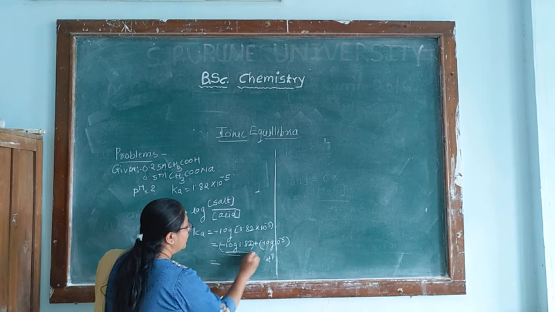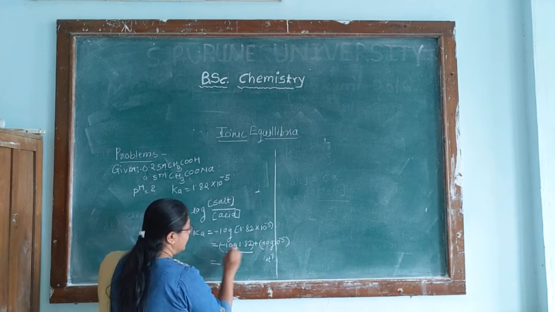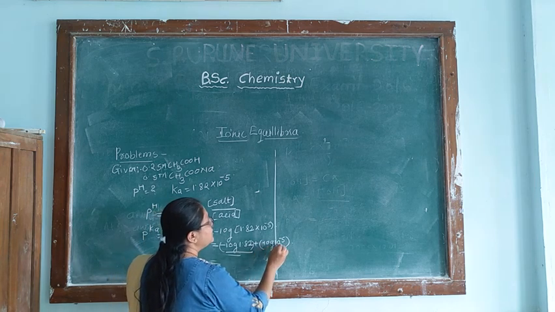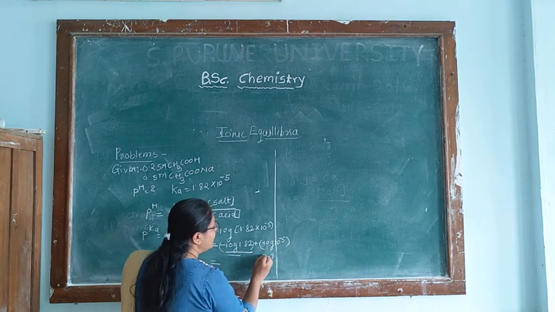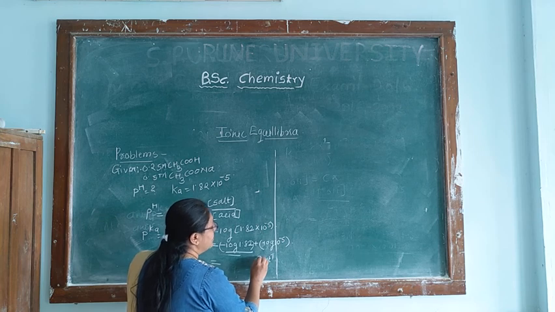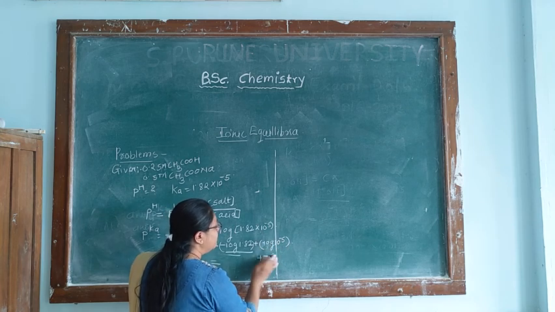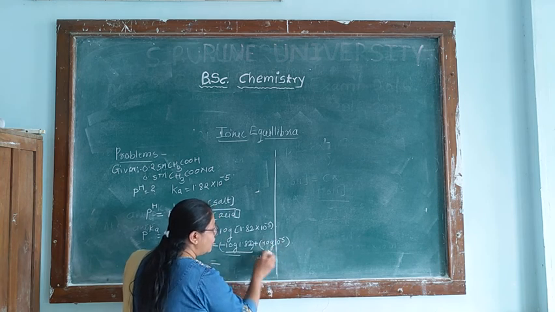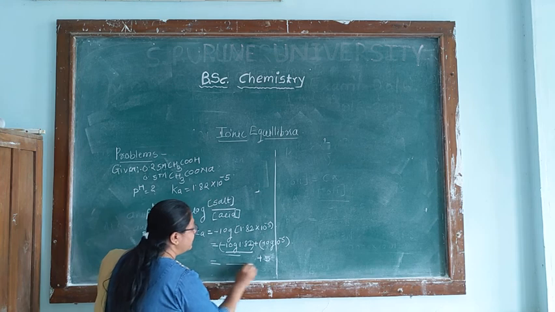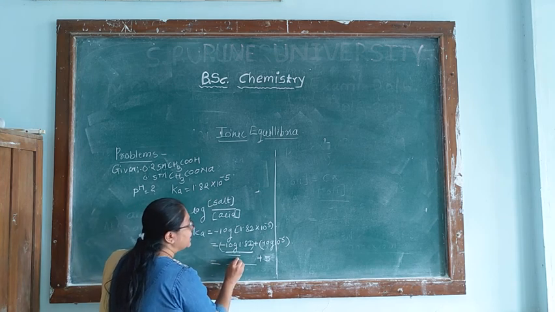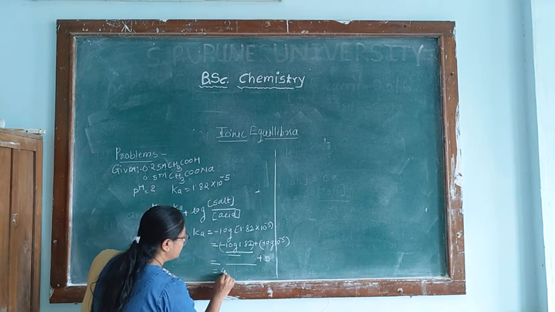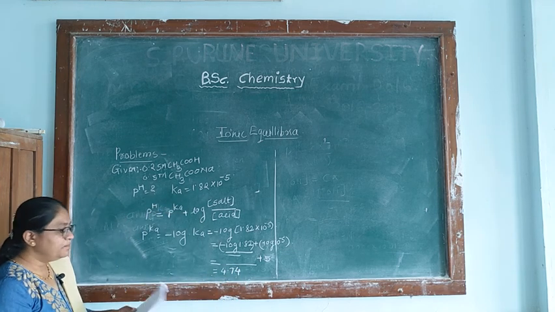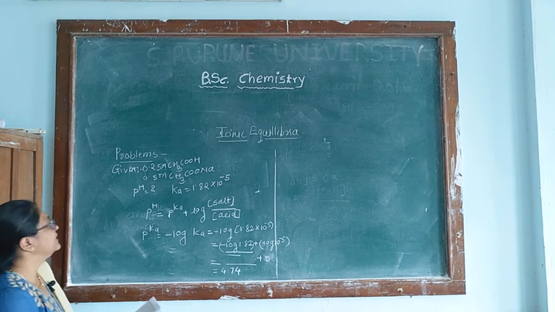The log of 1.82 will be negative, and for minus log of 10 to the power minus 5, the minus 5 power comes into the multiplication. So minus minus will become plus 5, and the log of 10 is 1. So the log of this term is plus 5, and whatever the first term is, that will become negative. So here it is 4.74. This is the pKa of the acetic acid.